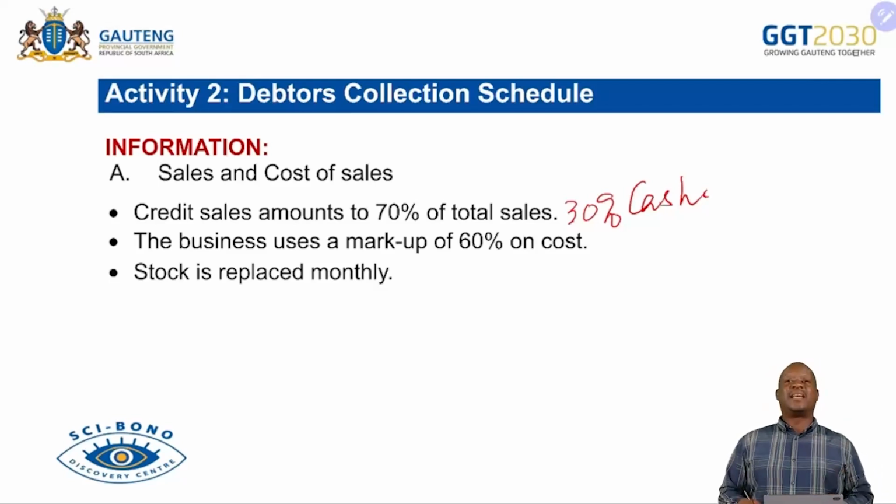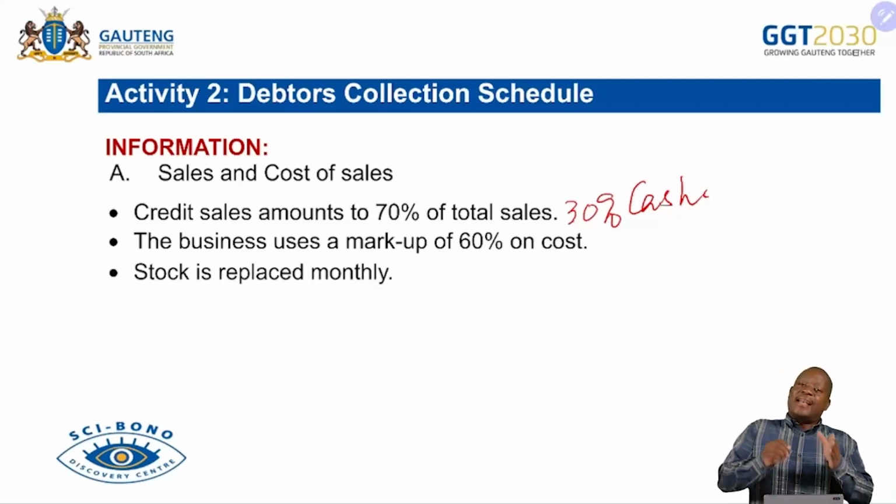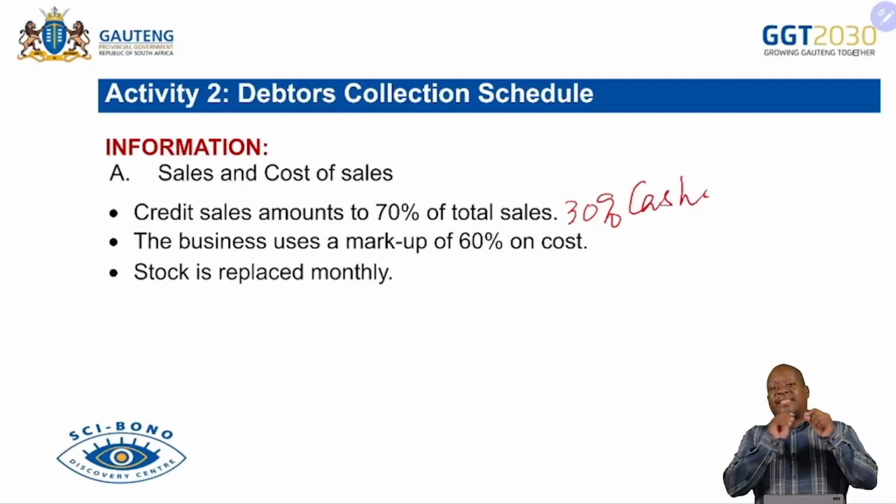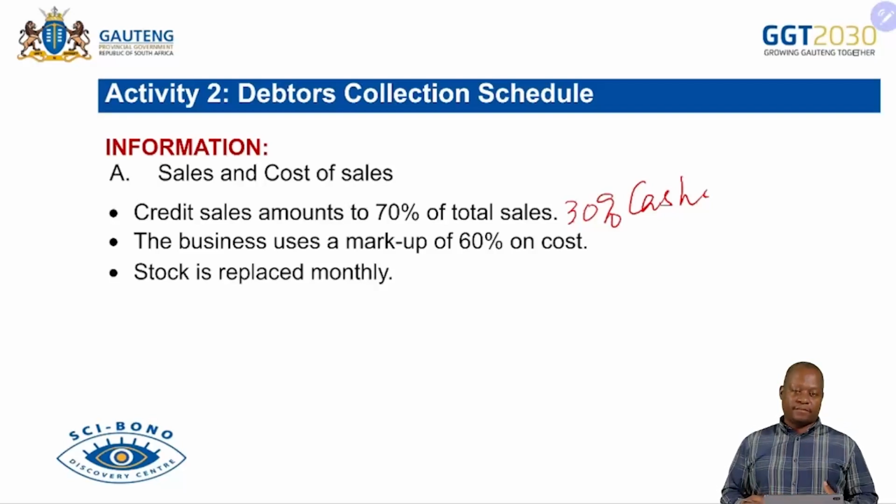What they are simply saying is, in January, we are going to sell our stock for January, and before January ends, we replace all the stock that we bought for January, which means there is a link between the sales for January and the cost of sales for January. There is a relationship between the sales for January and the cost of sales for January because stock is replaced in the month of sale.